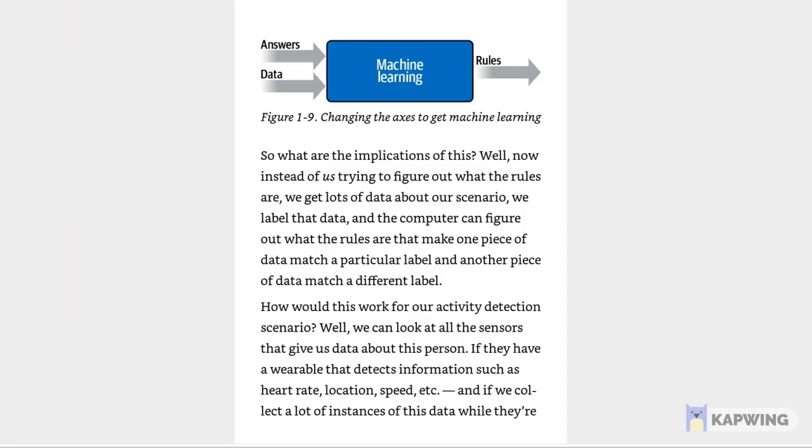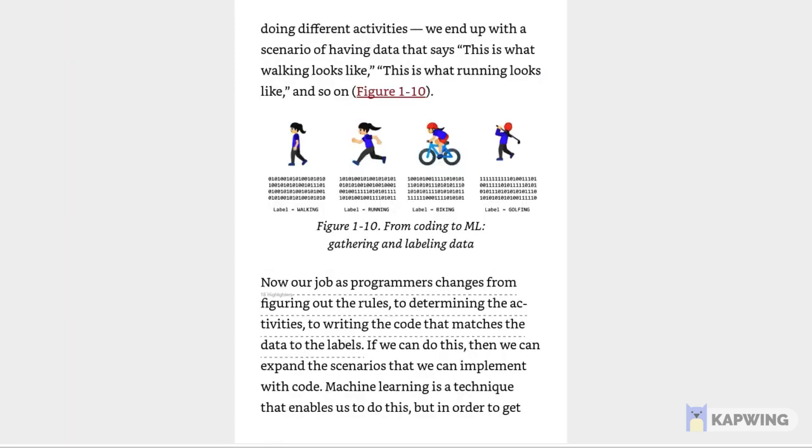So the answers would be the labels, and the data is all the zeros and ones that we are collecting. In this figure 1-10, we can see we have the data in the form of binary, that is 0, 1, 0, 1, all different kinds of data, and the sequence of zeros and ones is different for each activity that is labeled below.